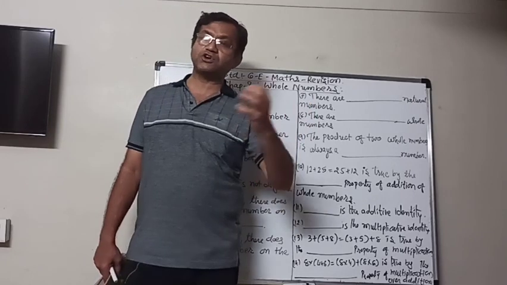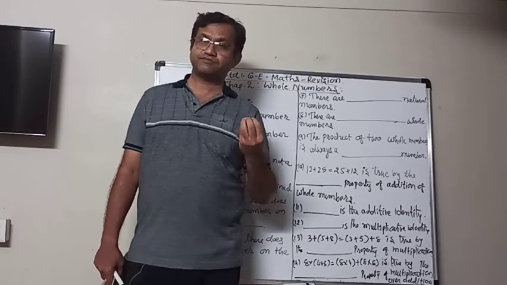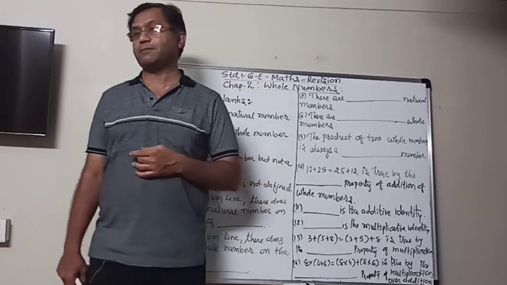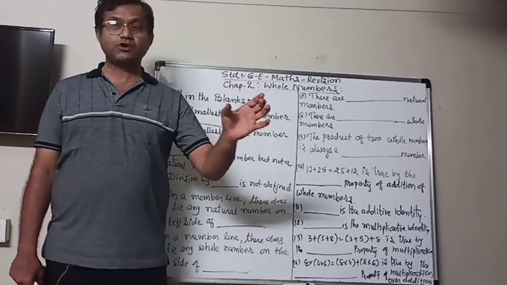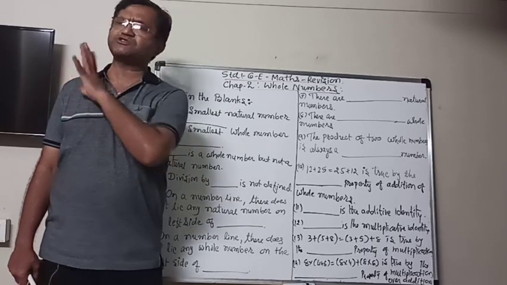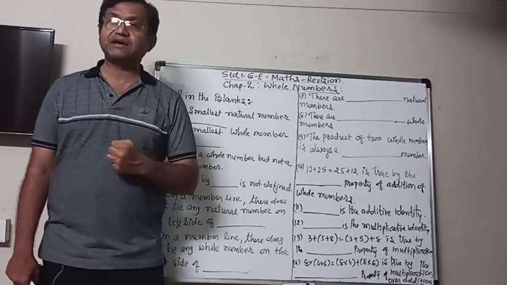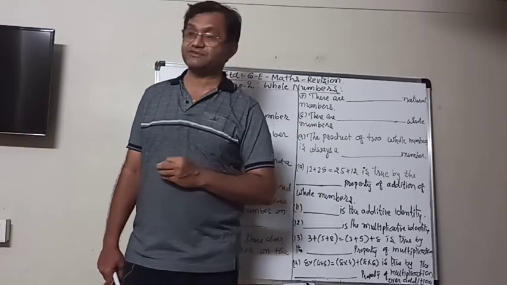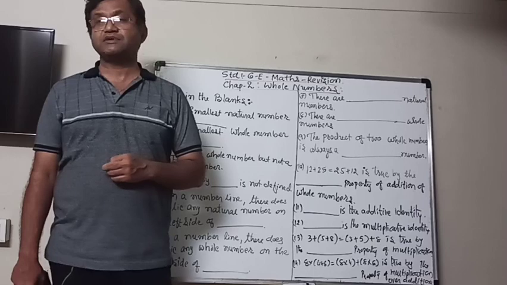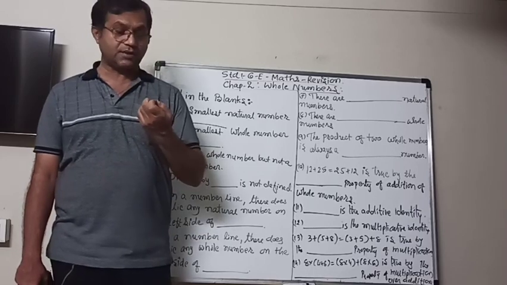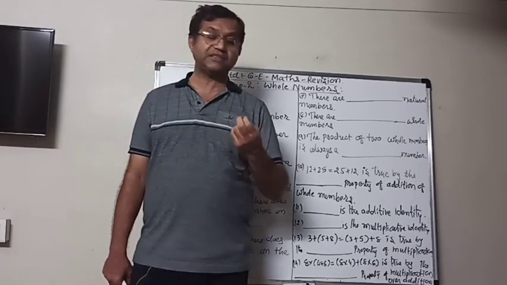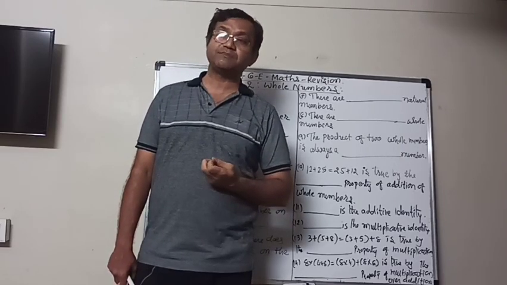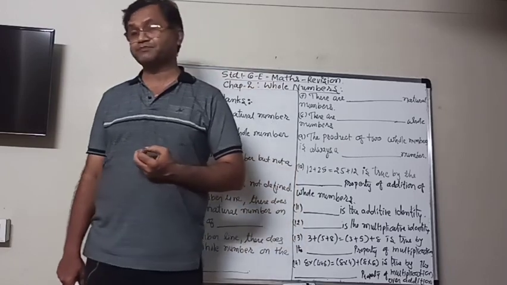So the collection of numbers in which 0 is included in the natural numbers, we get 0, 1, 2, 3, 4 and so on. That collection together is known as whole numbers. So here it starts from 0, so 0 is the smallest whole number, and there are also infinitely many whole numbers.